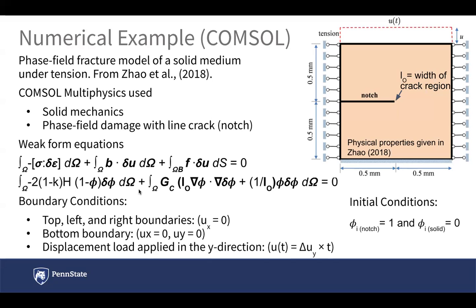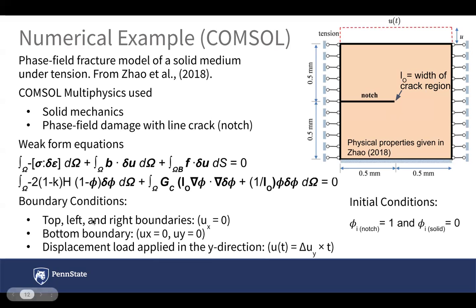The second equation is the phase field evolution equation, which includes the fracture energy, and GC, which is the critical fracture energy density, as well as this L0 term, which is the prescribed width of the phase field of the crack region. So it's the width of this crack region.